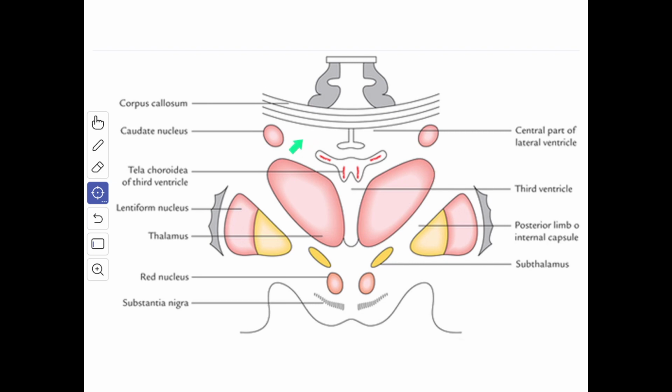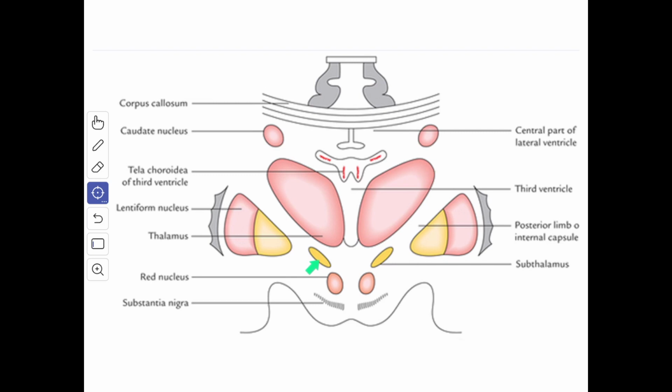This is the central part of the lateral ventricle. Its medial part is covered by the tela choroidea of the third ventricle. The inferior surface in the anterior part is fused with the subthalamus. So this is the subthalamus.